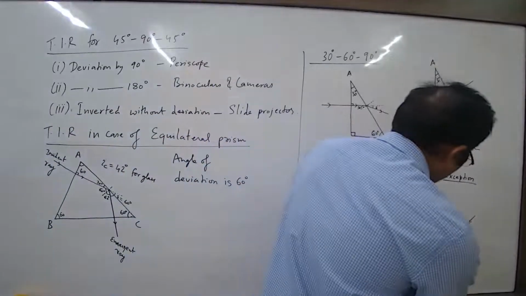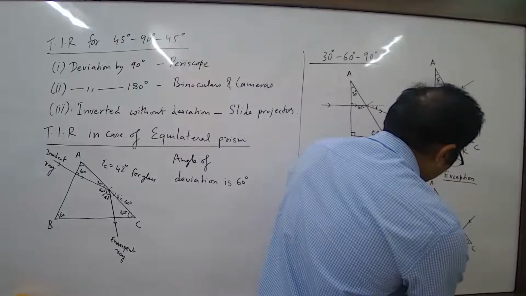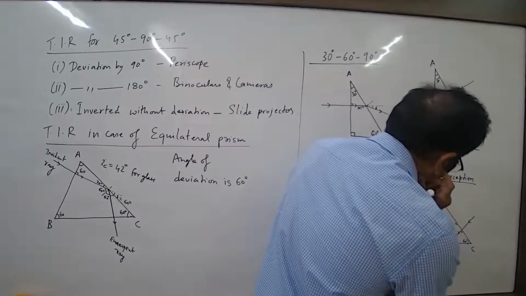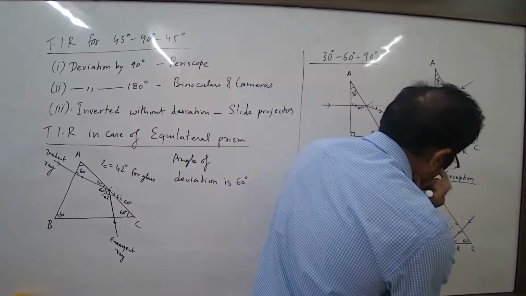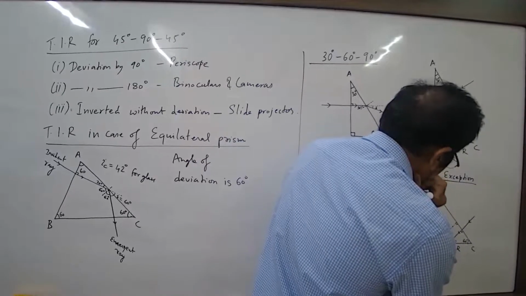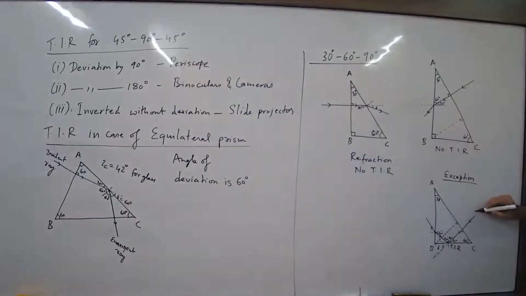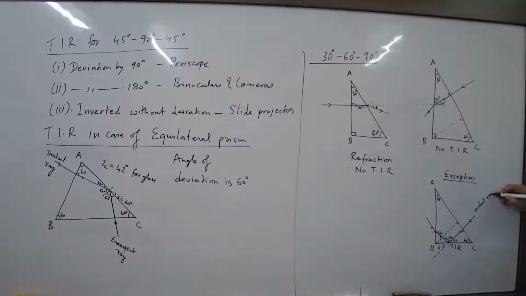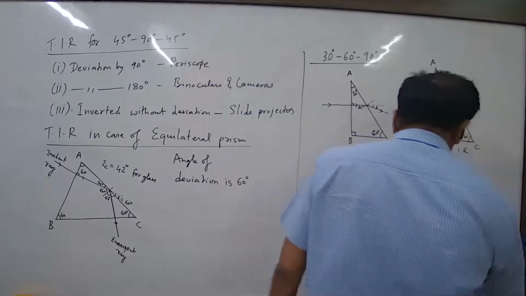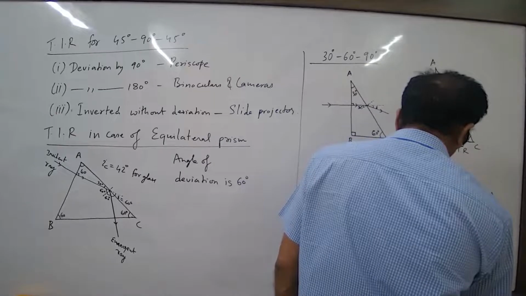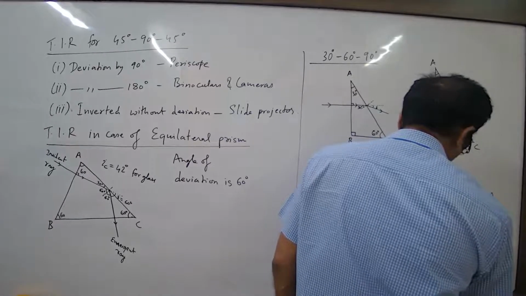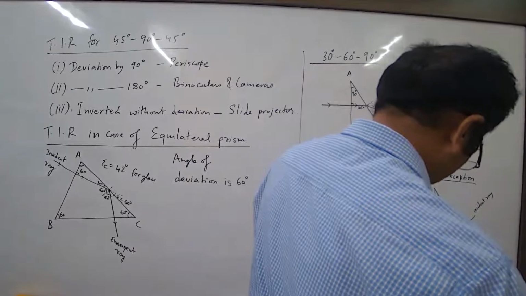Now see, this is 30, right? Okay. This is the incident direction. This is refracted. So count the angle.